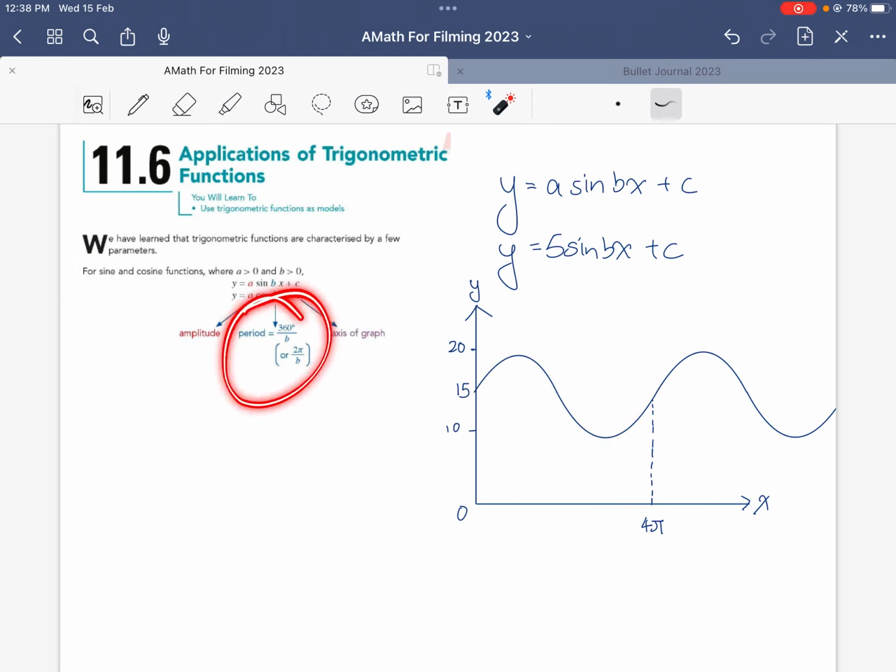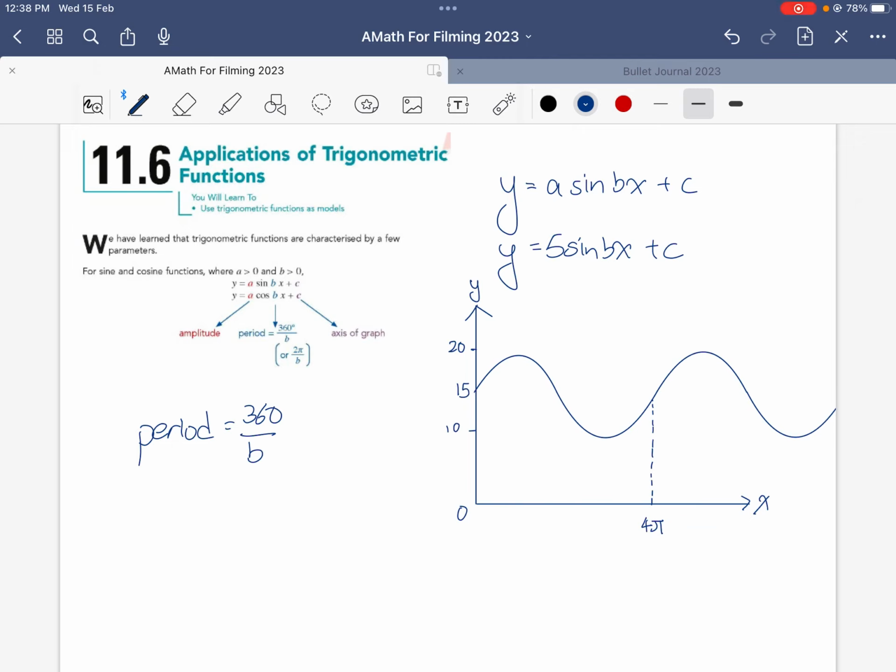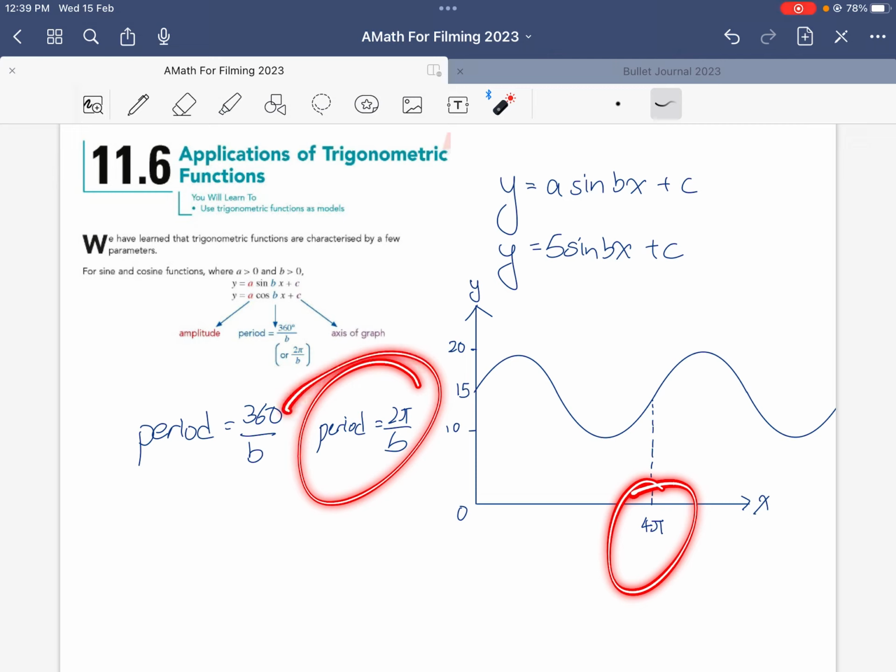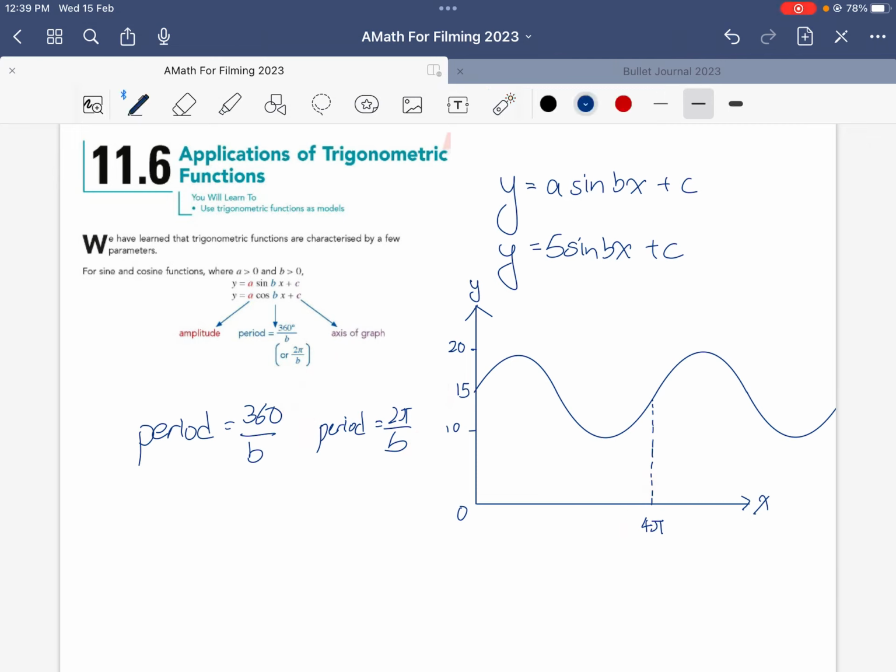The period is equal to 360 over b, or the period can also be equal to 2 pi over b. Since we are using pi here, I'll be using the period of 2 pi over b. So the time it takes to repeat one full cycle is 4 pi.